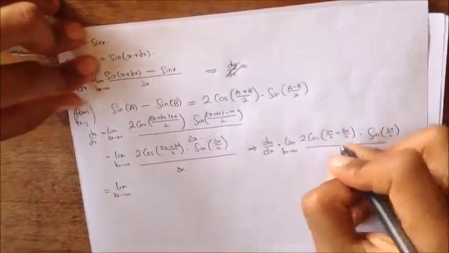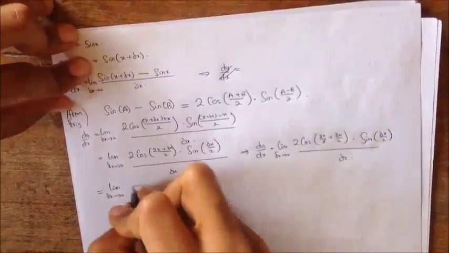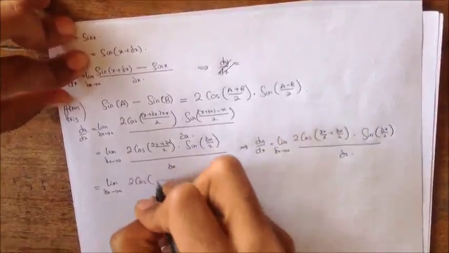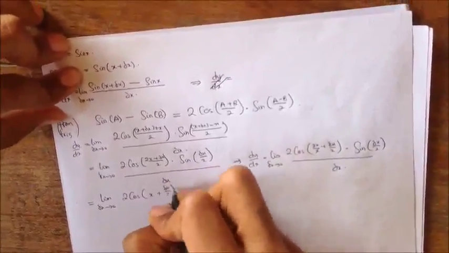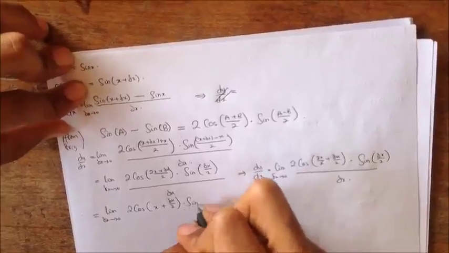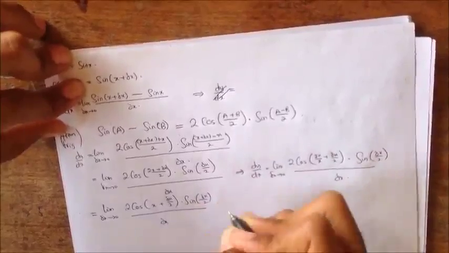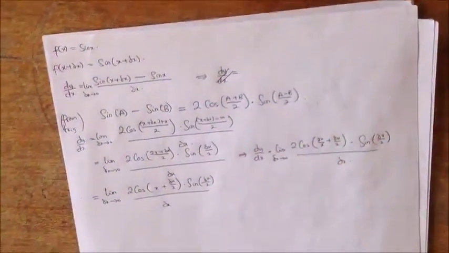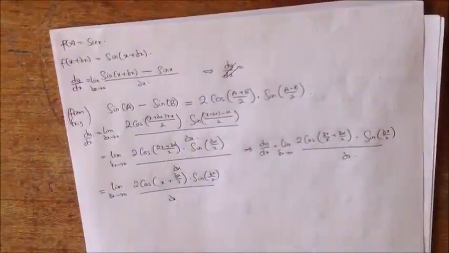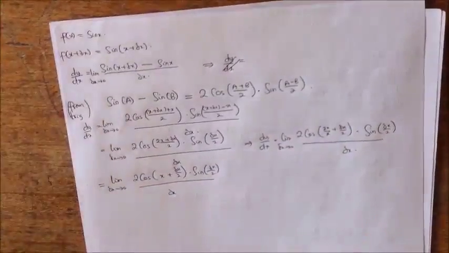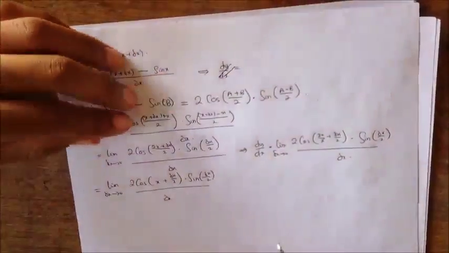We'll take the 2 out: 2 cos of (x plus delta x divided by 2) times sine of delta x divided by 2, divided by delta x. From looking at this now, I can simplify it further.